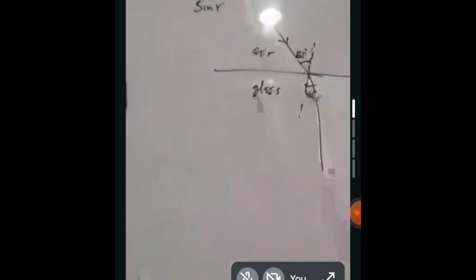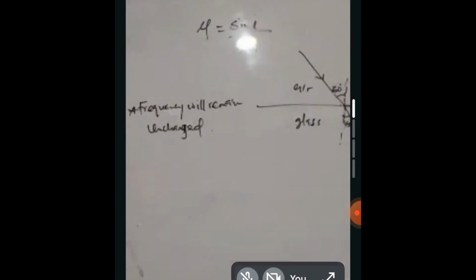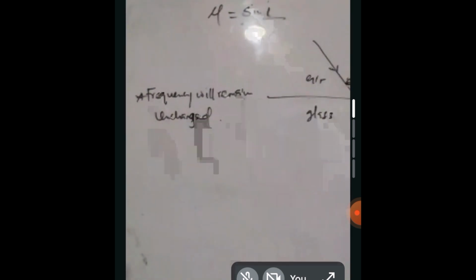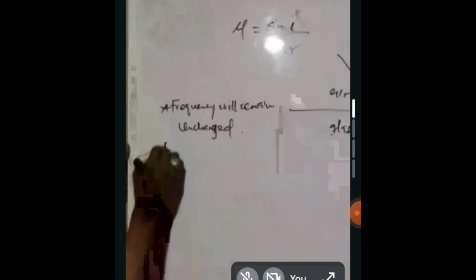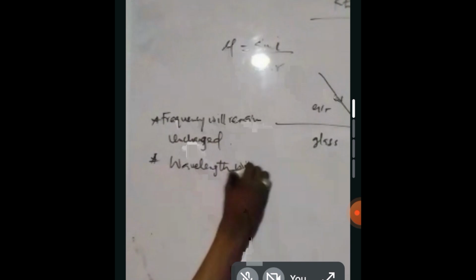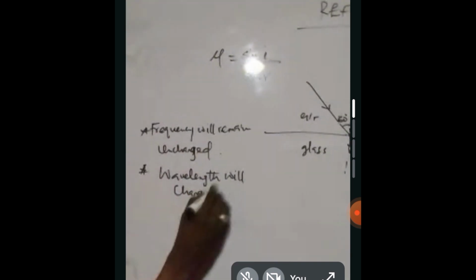Note this thing: a light wave that is undergoing refraction, that is changing its direction, its frequency will remain unchanged. The frequency of the light wave will remain unchanged, but its wavelength will change.